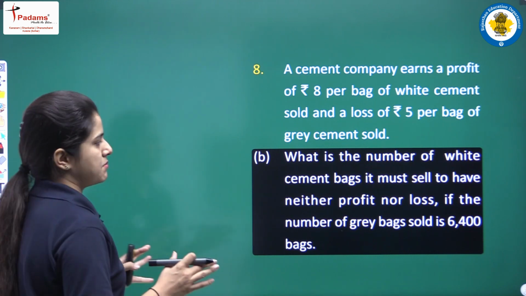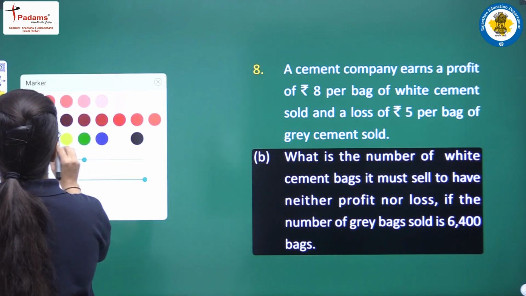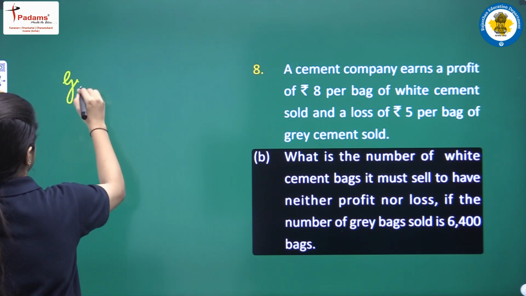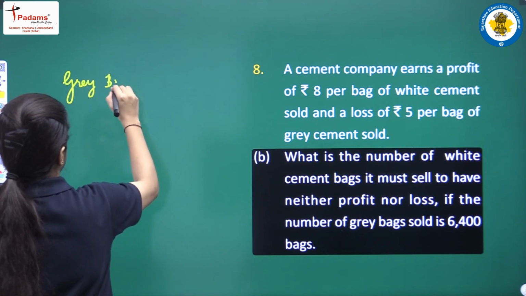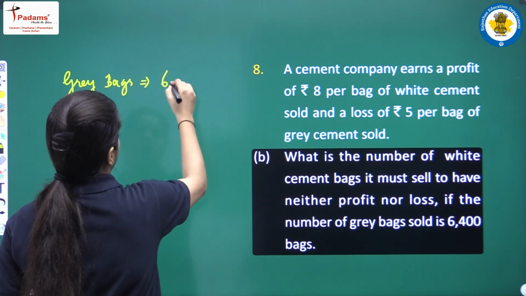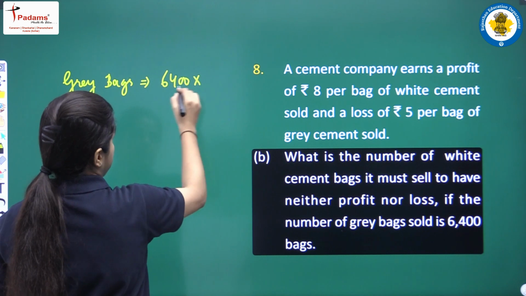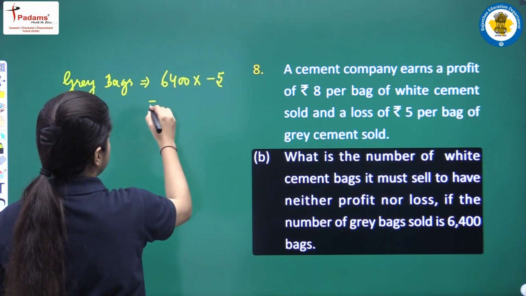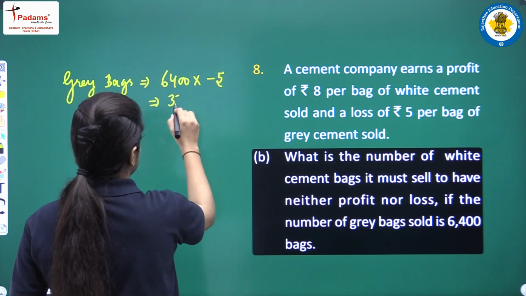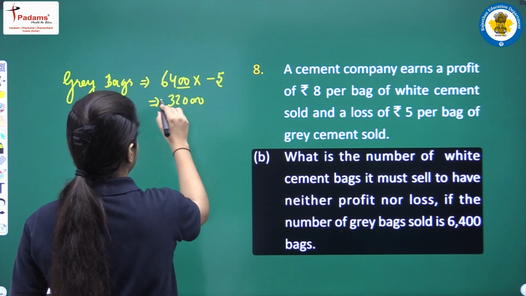Okay, so let's see. Basically students, in this particular question, grey bags sold are 6,400, and for every grey bag there is a loss of minus 5 rupees. So what is 64 into 5? It is equal to 320, so 32,000 and minus.